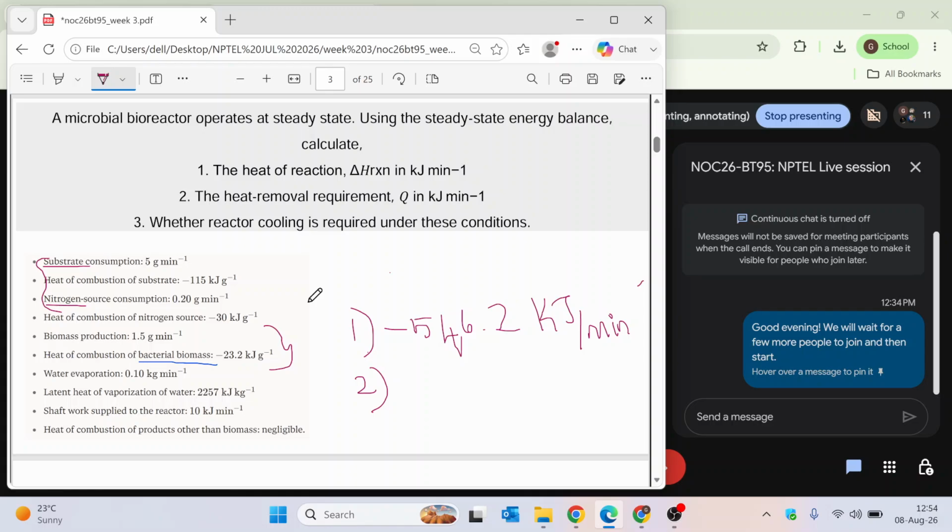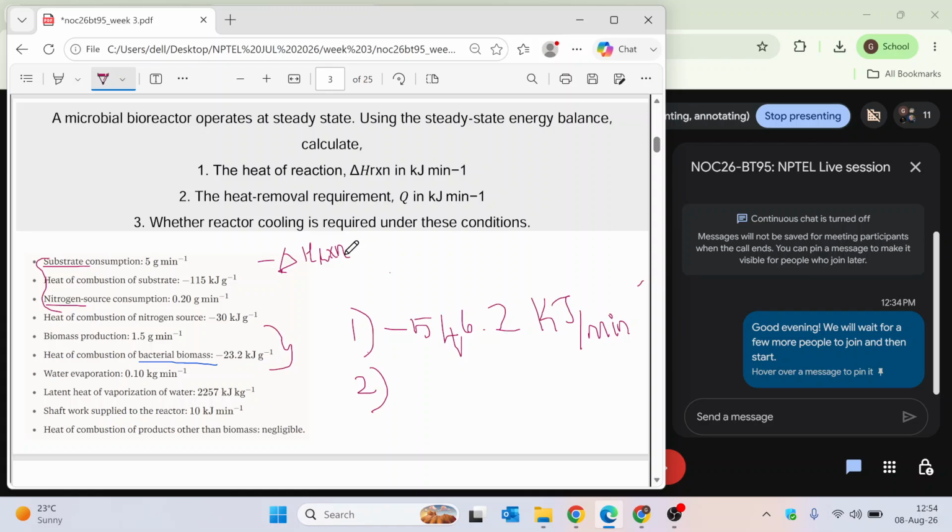Minus del H reaction minus mv del hv minus q plus ws is equal to 0 is the equation that you have to use. So you already know what your del H reaction is.